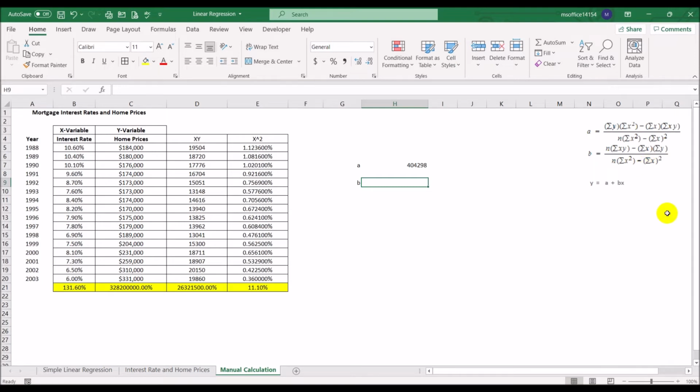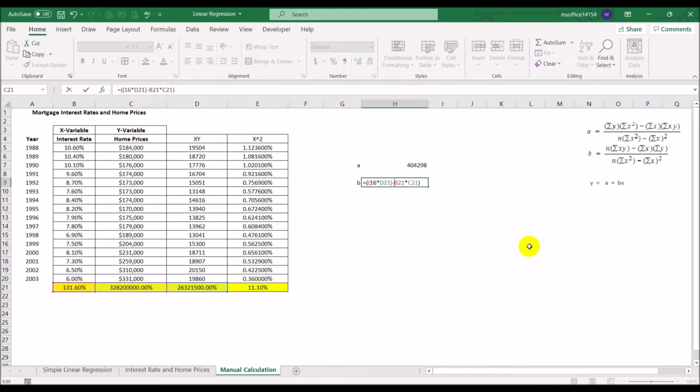It's equal to double bracket, n, which we knew was 16, into summation of xy, close bracket, minus summation of x into summation of y, close bracket.